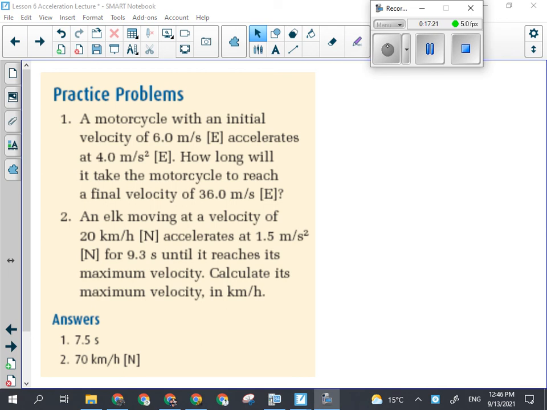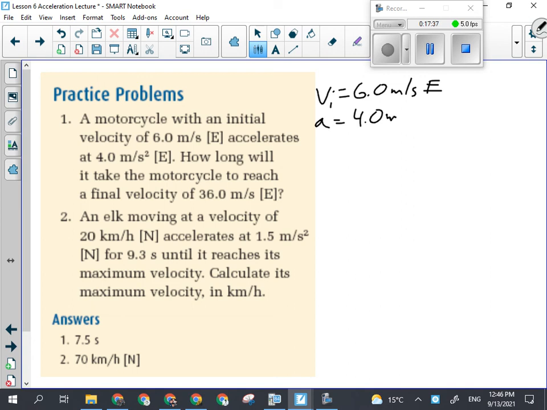All right, so for number 1, our givens are initial velocity, 6 meters per second east. We're given acceleration, 4 meters per second squared east. Looking for how long it'll take, so it's just like the example we just did.